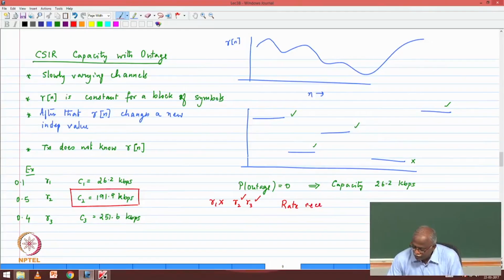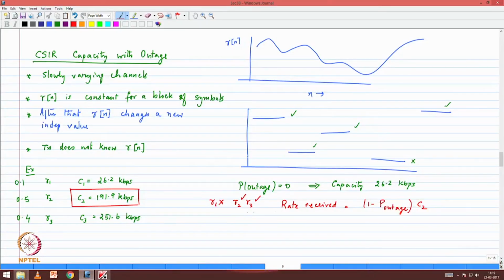Because of the gamma 1 scenario, this will be equal to 1 minus probability of outage into C2. So probability of outage will be 0.1, because I have designed my system to work with gamma 2. If the situation is gamma 1, data will not get through, that is outage, that's 0.1 probability.